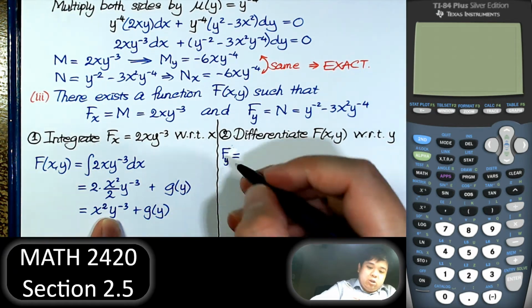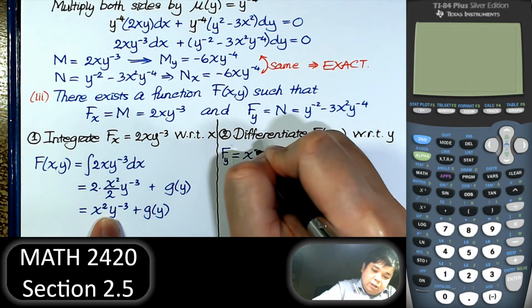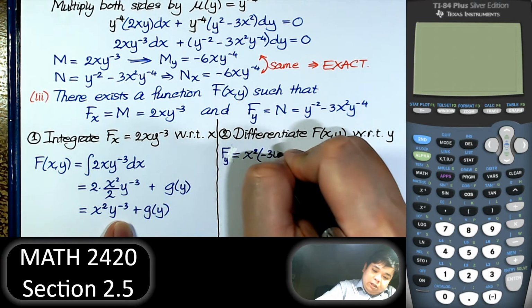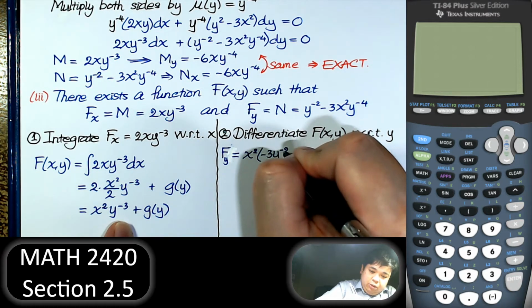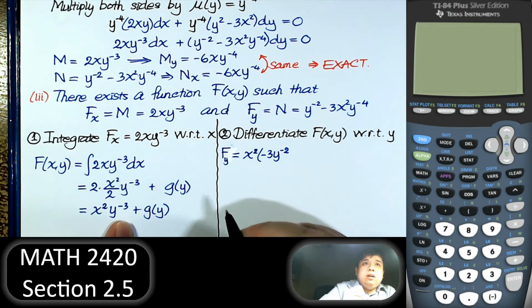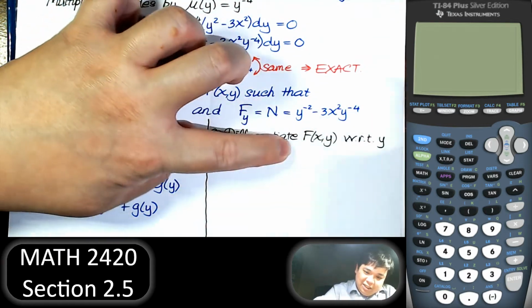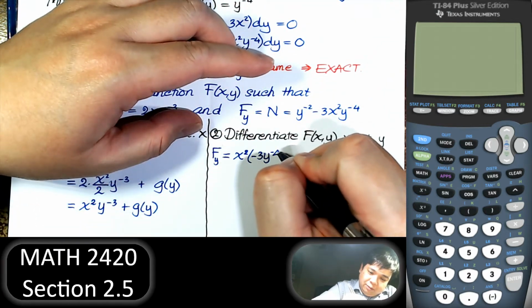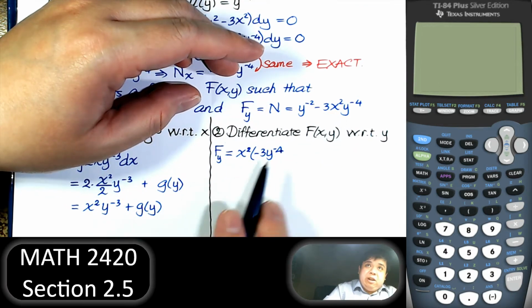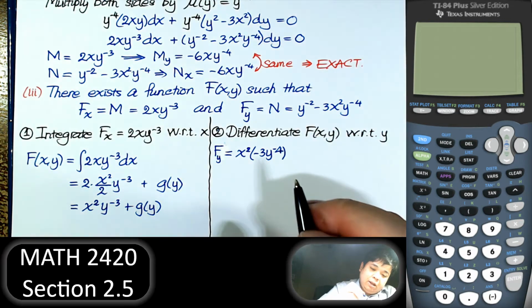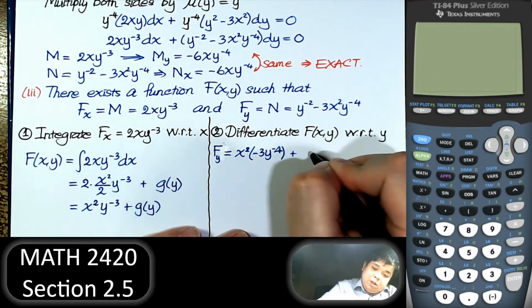We have x squared, and the derivative of y to the negative 3 is negative 3 y to the negative 4, plus g prime of y.